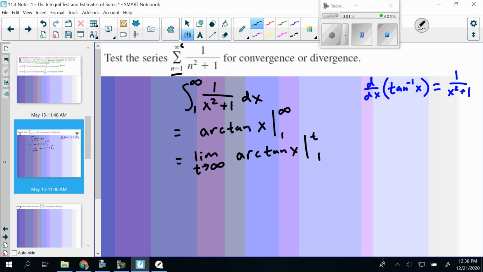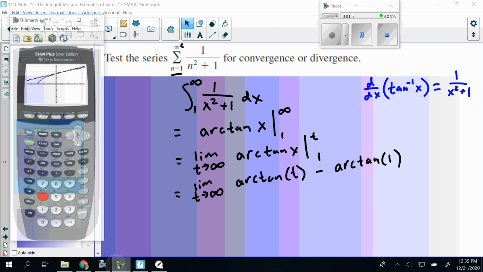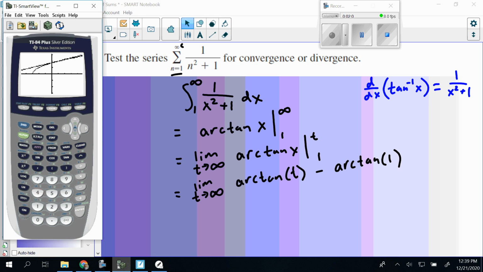So now let's plug in both values here. We're going to do the limit as t approaches infinity of the inverse tangent of t minus the inverse tangent of 1. Well, let's start with the inverse tangent of 1. We should be able to use our calculator to figure that one out.